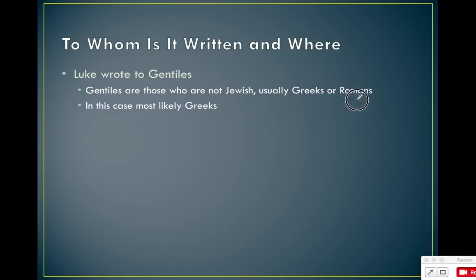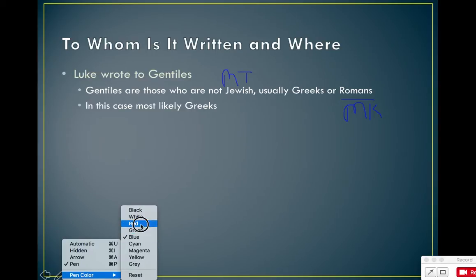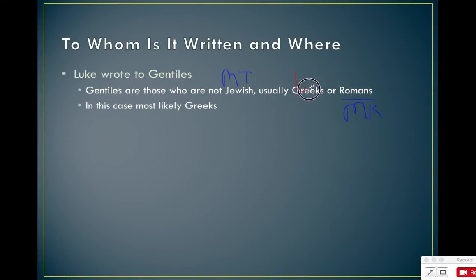Mark wrote to the Romans. Matthew wrote to the Jews. Luke is writing to the Greeks.